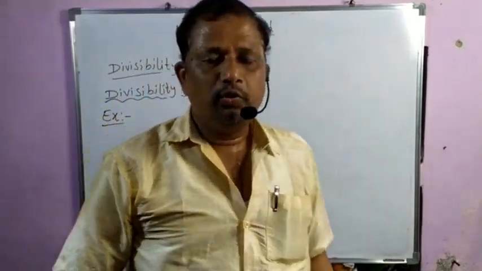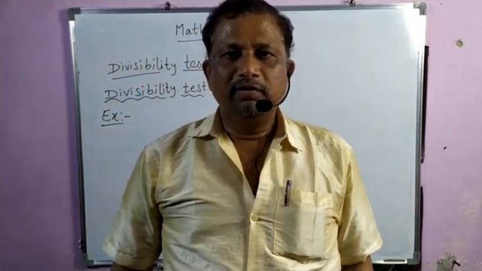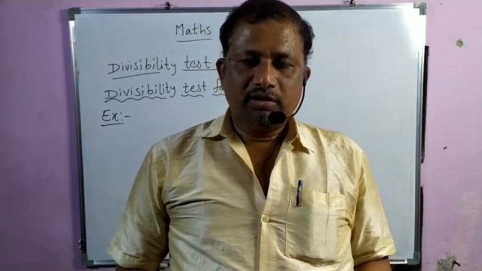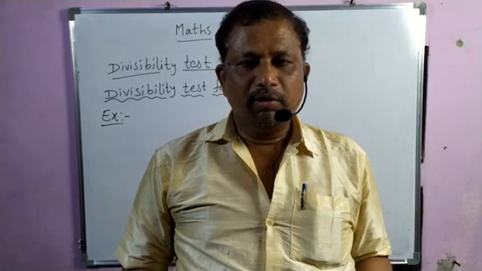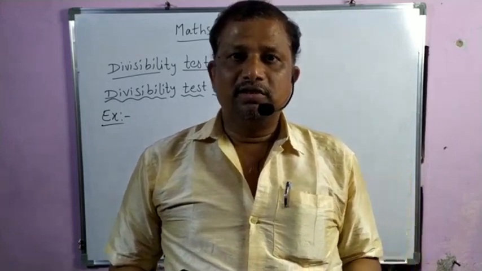The divisibility rule for 16: it can be written as 2 power 4. In the given number, if the last 4 digits are divisible by 16, then the given number is divisible by 16. The last four digits of the given number must be divisible by 16, and only then is the given number divisible by 16. Otherwise, it is not divisible.